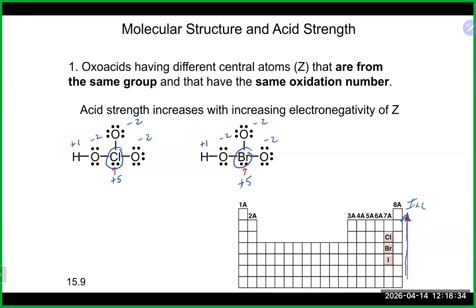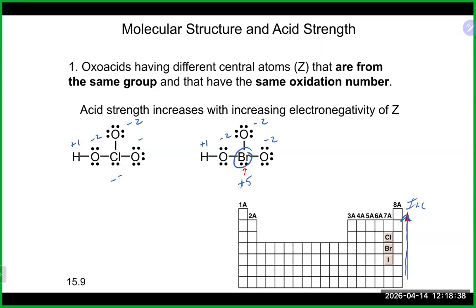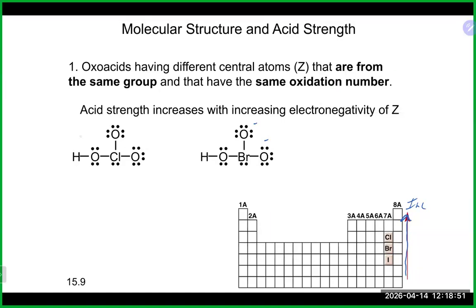In this particular case, if we look at each of these, I'll use red. We already have the electrons heading in this direction because the OH bond is polar and oxygen is more electronegative than hydrogen.